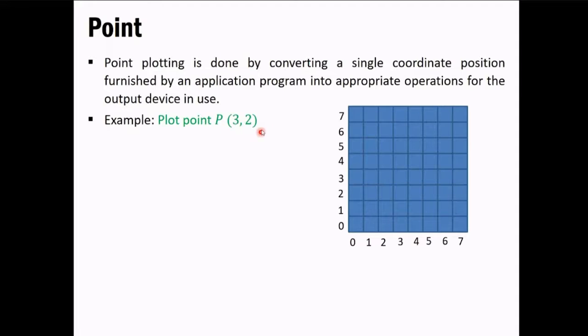Based on this point, we'll try to fill that particular pixel with some particular color. If we are able to fill this with that color, we can easily make a circle, or we can easily draw a line. So that is needed. What it says is, we have 3.